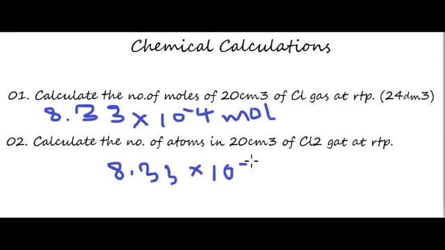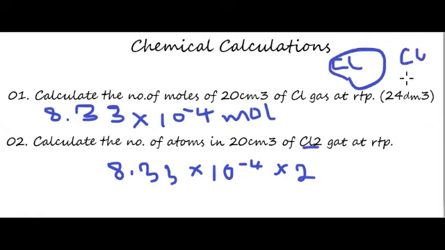Now how to calculate number of molecules? We multiply the number of moles we calculated in the earlier question by the Avogadro constant. So here we are calculating number of atoms, so we multiply by 2, because the fluorine molecule is like this.